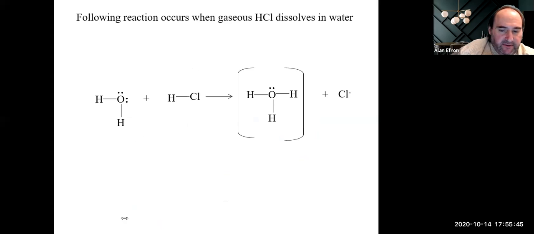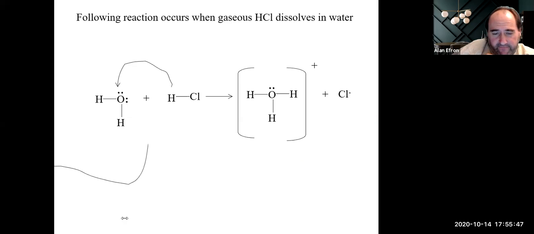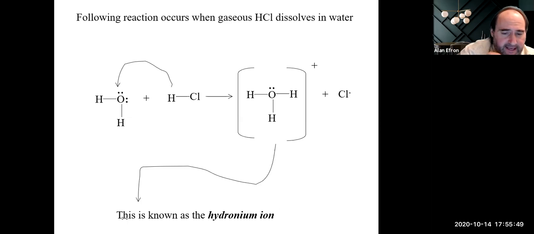And here's just the Lewis structure drawing of what's happening here. Our acid, HCl, this bond right here is going to break. It is then going to send its H plus over, creating our hydronium ion and our chloride ion. And that's our acid, our base.